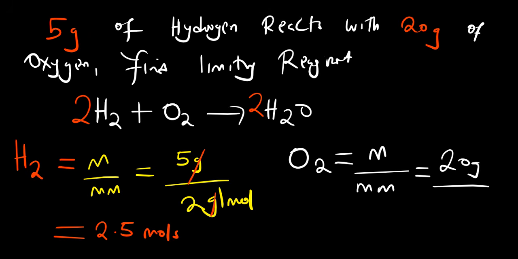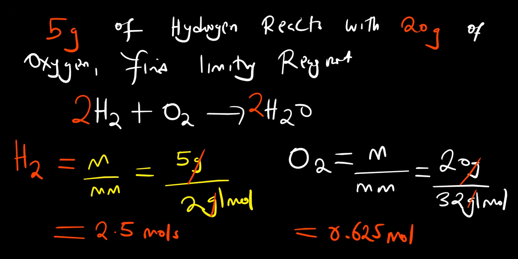That's 16 because there are 2 oxygens, so we're going to have 32 grams per mole. According to your dimension analysis, the grams and grams are going to cancel. Therefore I have 20 divided by 32, which gives me 0.625 moles.